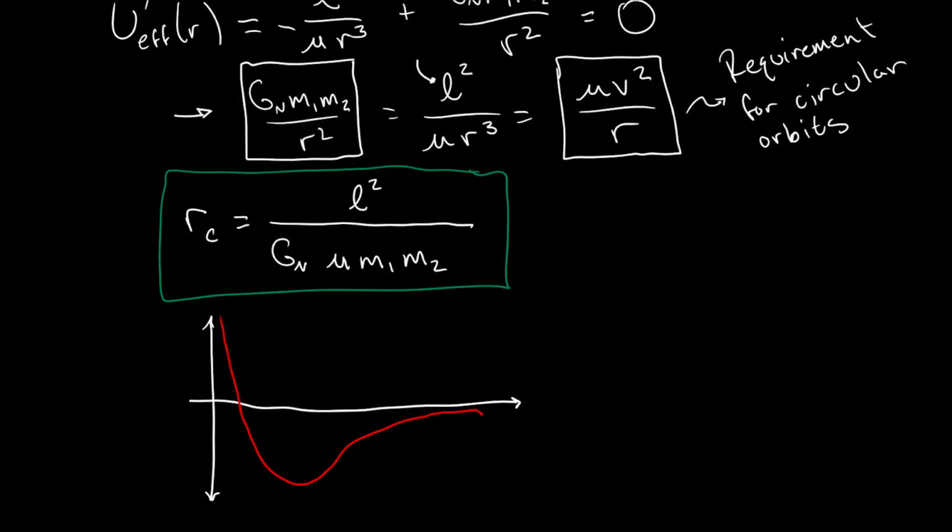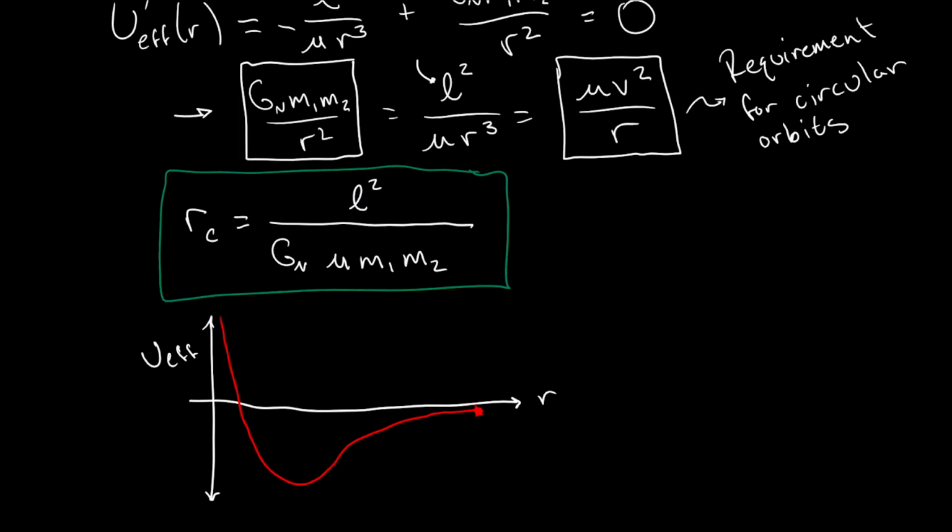Put an arrow to hide my mistakes. So this is U effective, and this is R. The potential energy always wants to decrease, and this is no different here. I'm just treating it as a one-dimensional problem, and the one-dimensional potential energy, which is U effective, is always going to want to decrease. Which means that I can almost think of this plot as a hill.